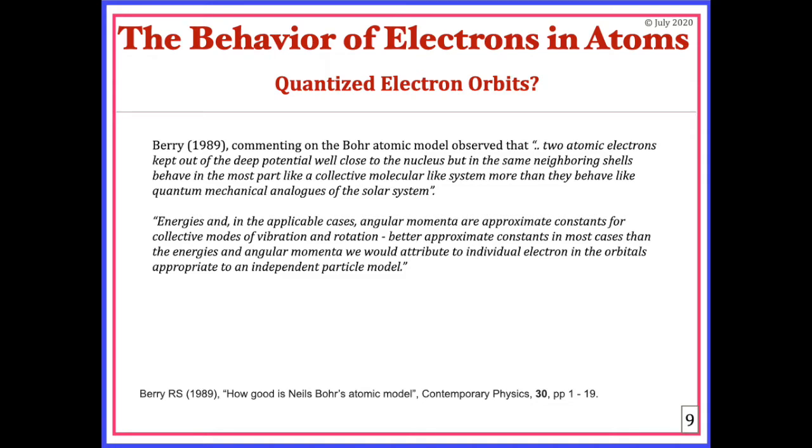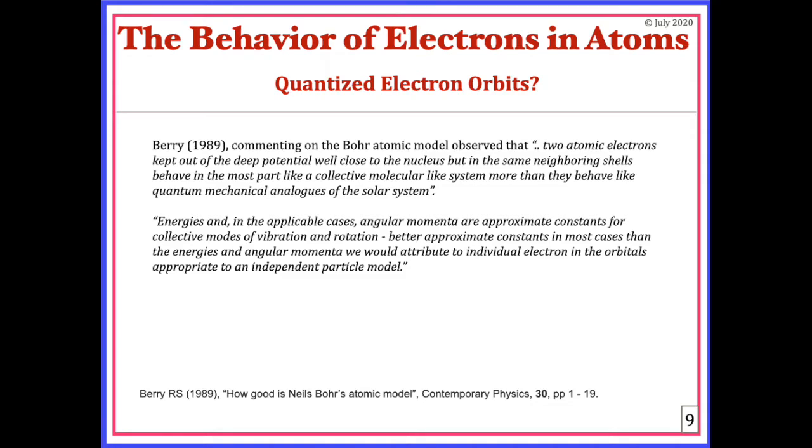Energies, and in applicable cases, angular momenta, are approximate constants for the collective mode of vibration and rotation, better approximate constants in most cases than the energies and angular momenta we would attribute to individual electrons in the orbitals appropriate to an independent particle model.